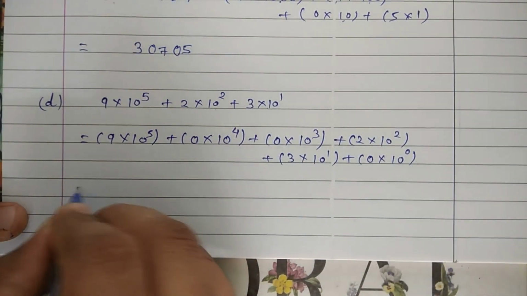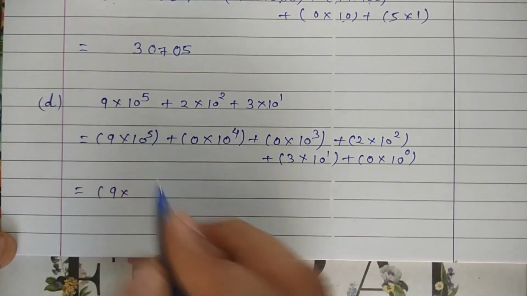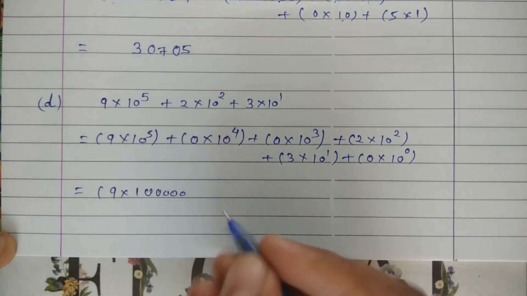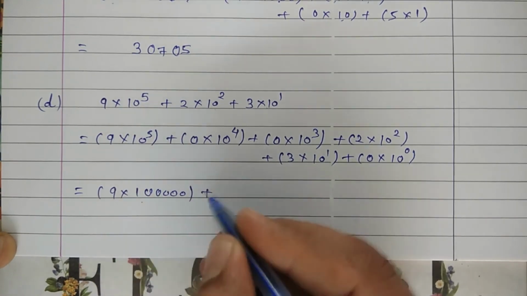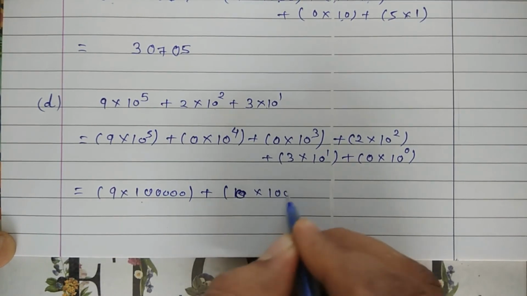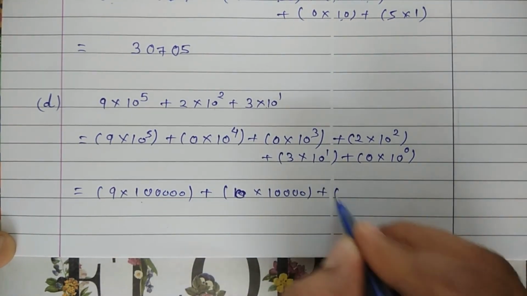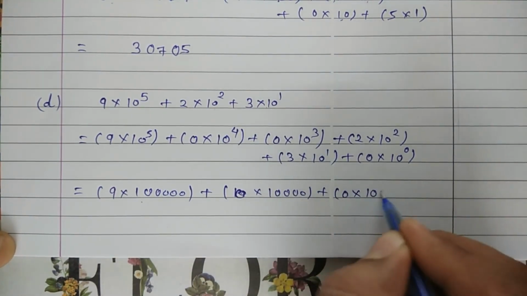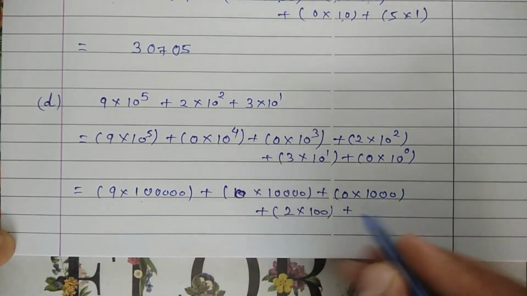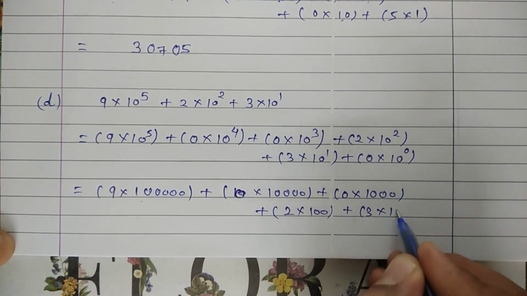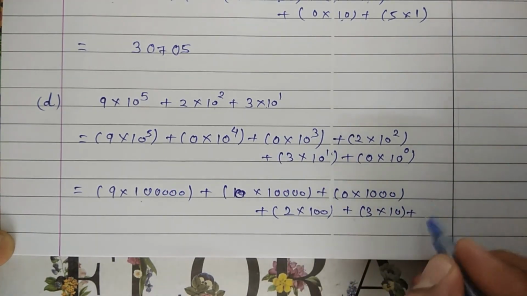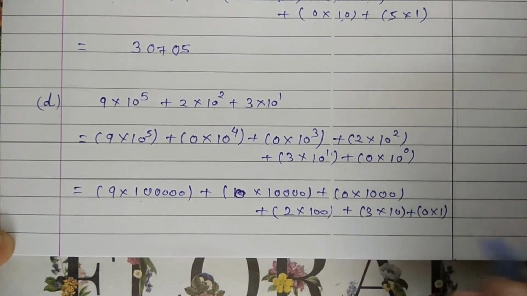So that is equal to simplification, 9 multiplied by 10 raised to the power of 5 means it is 1 lakh plus here it is 0 multiplied by 10 raised to the power of 4, that is 10,000 plus 0 multiplied by 10 cube means 1000 plus 2 multiplied by 10 square means 100 plus 3 multiplied by 10, that is 3 multiplied by 10 raised to the power 1, it is 10, and plus 0 multiplied by 10 raised to the power 1, it is 0 multiplied by 1.